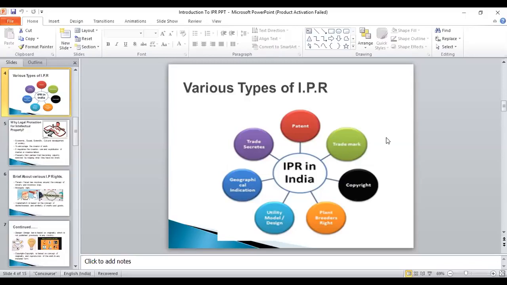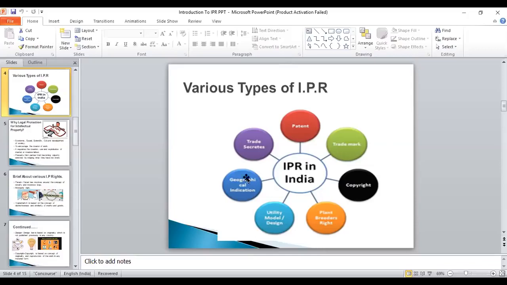West Bengal has Darjeeling tea and leather goods. Bihar has Madhubani paintings and Bhagalpuri silk. Uttar Pradesh has Lucknow chikankari craft, Dashehari mango and Banaras saris. Rajasthan has Kathputli and the blue pottery of Jaipur. These are some famous products that have GI. So this is all about geographical indication.